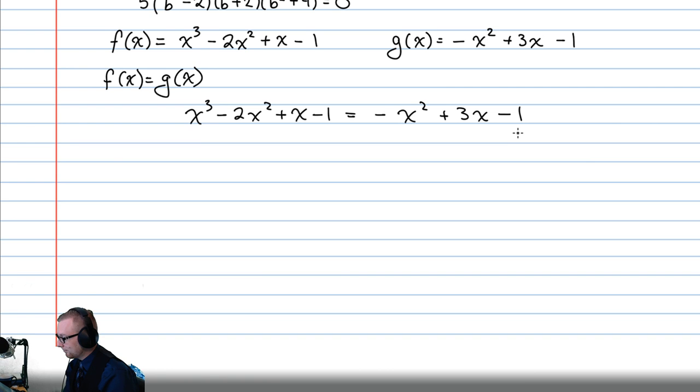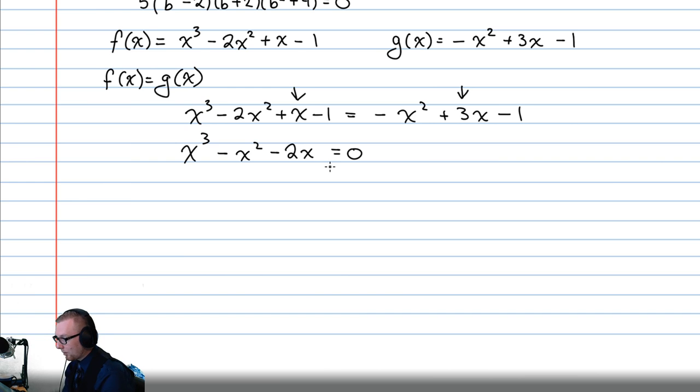It will be x cubed minus x squared plus x, and we've got a plus x and a plus 3x, so my bad, it will be negative 2x equals 0.